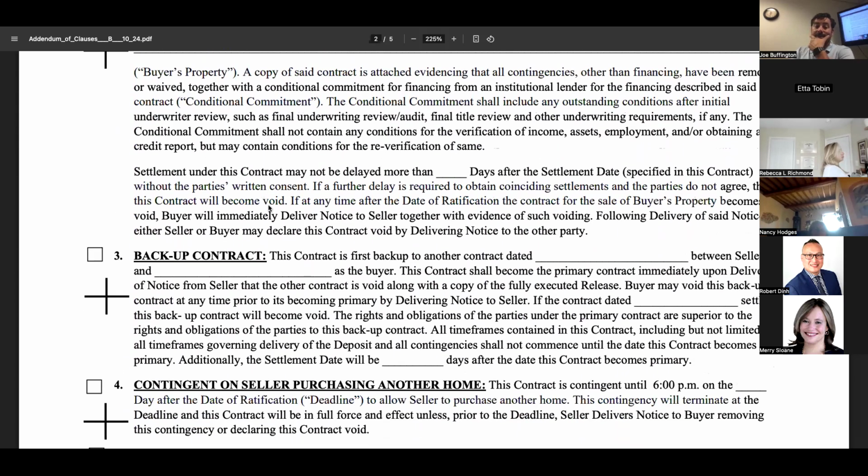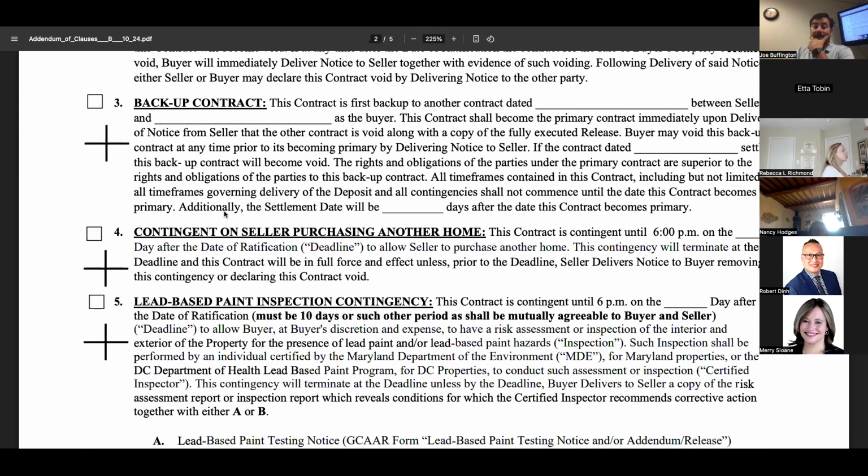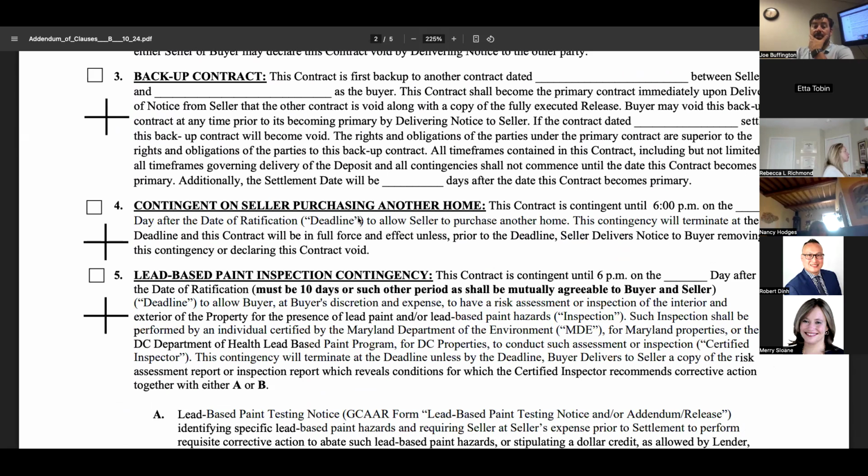To prevent that, you can put a contingency on the buyer's purchase of another home on their sale. They're wearing their seller hat in this case, and this would allow them, if something got squirrely on the new purchase, to pull out. And I'll get to that.